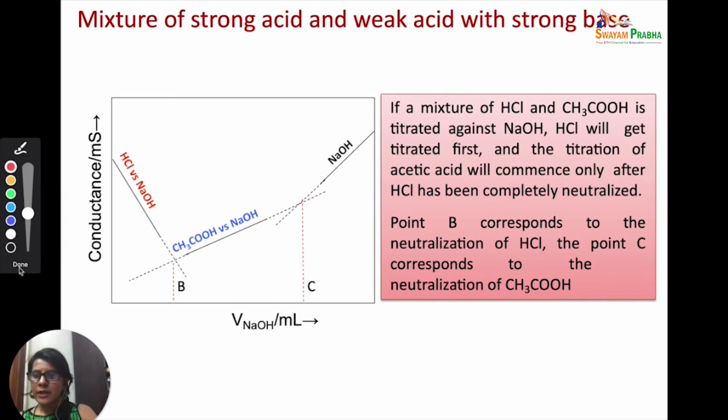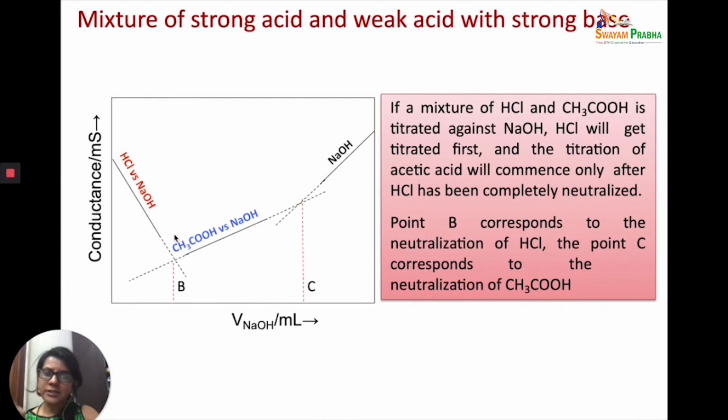So in this case, what is important is that when you take a mixture of strong acid and weak acid, the neutralization of the weak acid only commences when the neutralization of the strong acid has taken place. So this is a graph that we obtain for a strong acid and weak acid with strong base. So first you have HCl versus NaOH, then you have acetic acid versus NaOH, and this increase is only due to the increase in the conductance value due to the presence of NaOH.